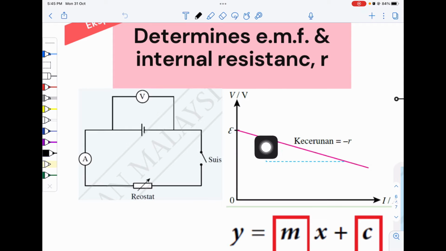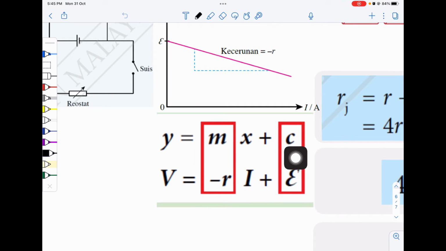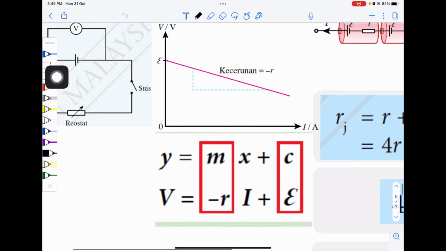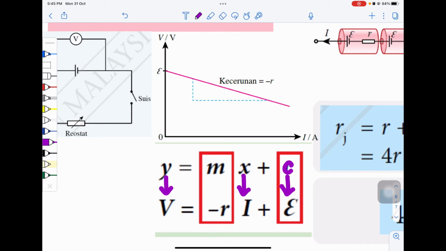Now look at the graph, the pink line. It has a gradient, and the gradient goes lower at the right part, so that means it's negative. In mathematics, y equals mx plus c. Look at the graph. Our y is V. Our x is I. So on the y-axis we write V, on the x-axis we write I. And then we have the y-intercept as E or EMF.